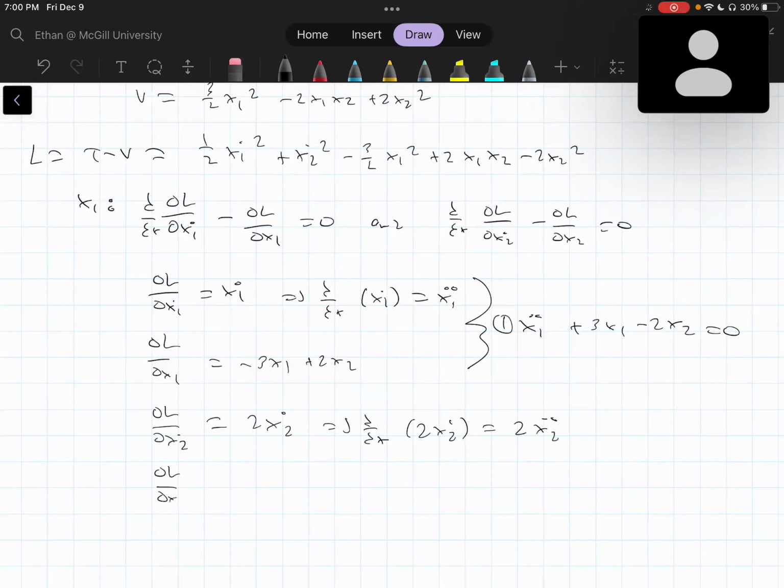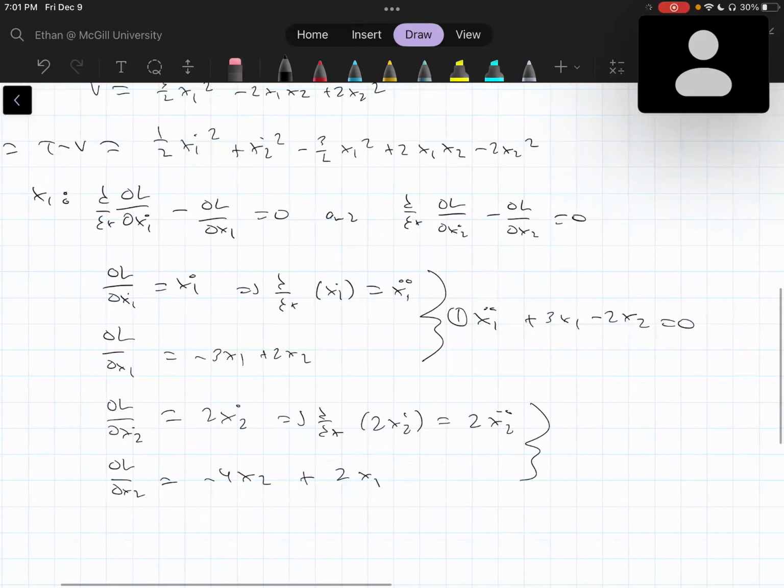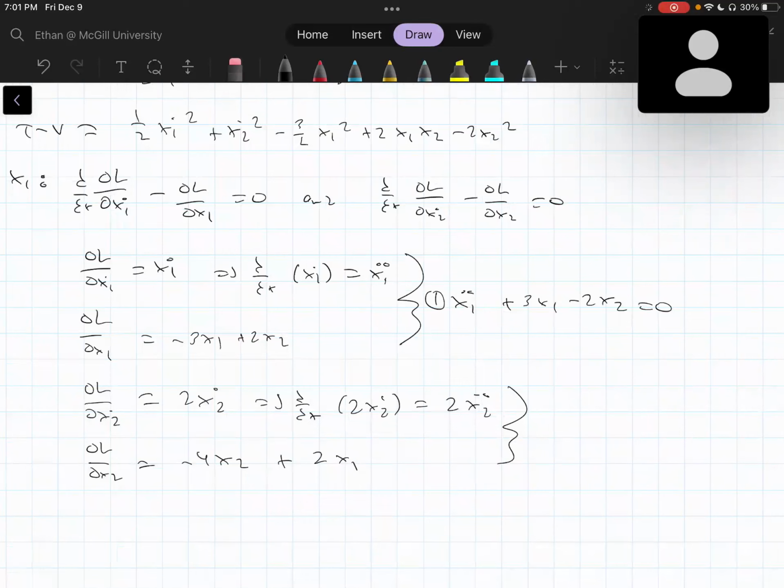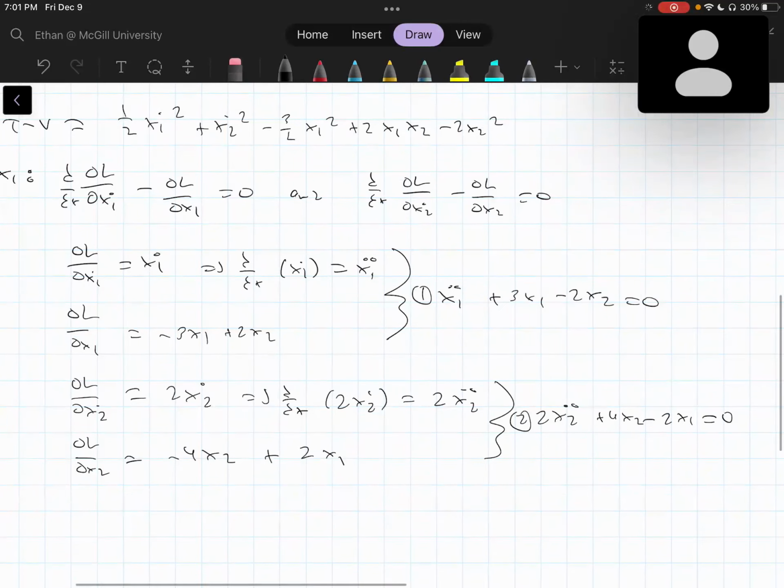And partial L by partial x2 is equal to negative 4x2 plus 2x1. So putting these together, we're going to have 2x2 double dot plus 4x2 minus 2x1 is equal to 0. So that's our equation 2. Okay.